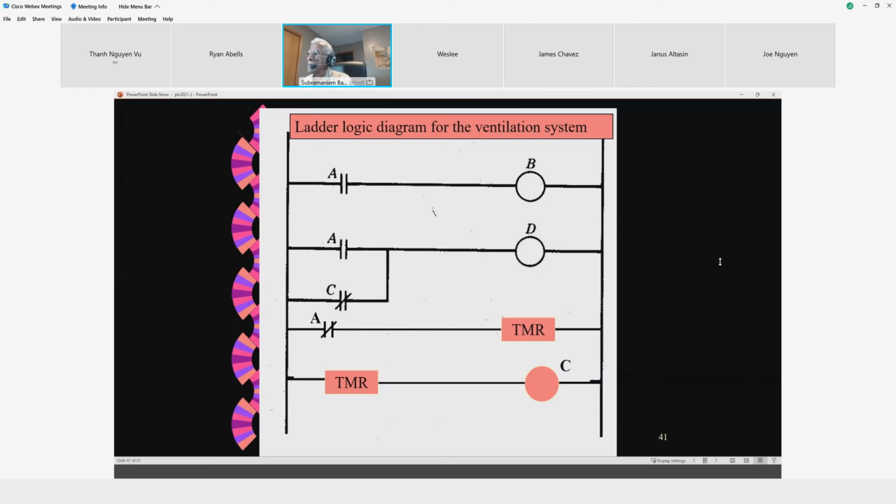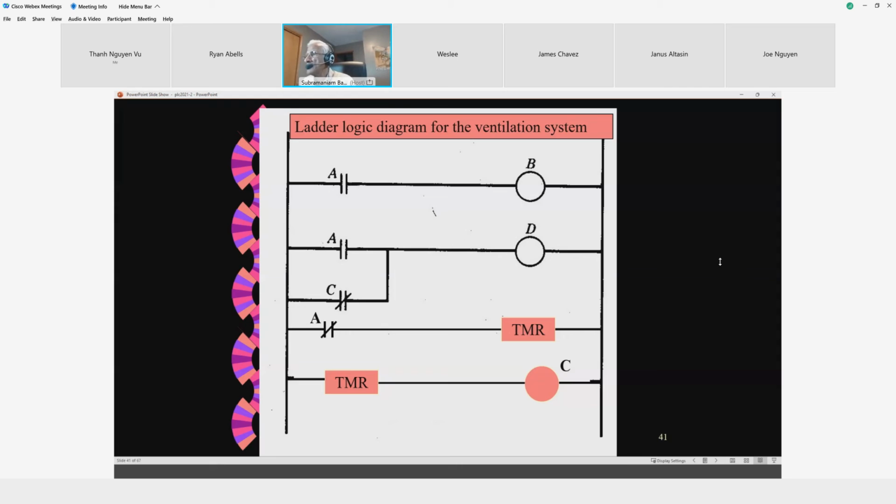What is that not C? What is C? We never talked about it, we only talked about B and D. Now I suddenly am showing a C. C is the output from the timer, which is shown on the last line. So, not C or A will generate D, and not A will trigger the timer.